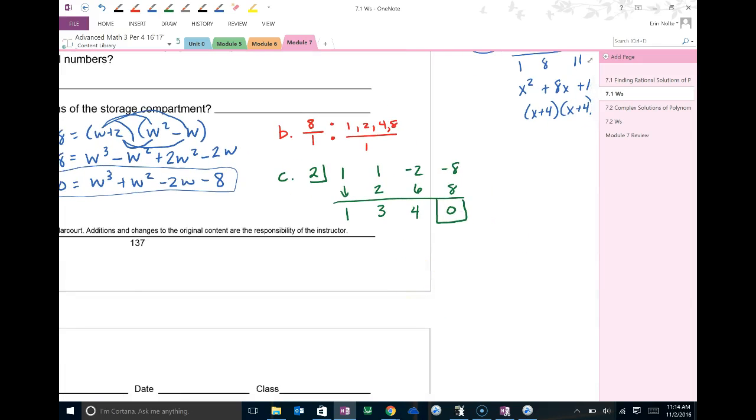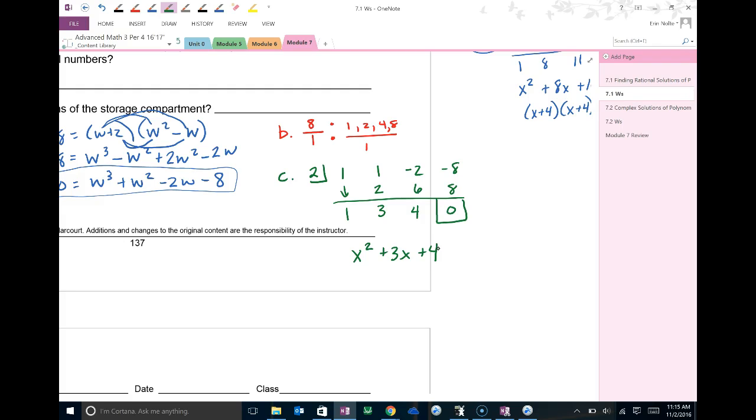So at this point, what is the quadratic that is left? x squared plus 3x plus 4. Okay, can I factor that using the easy method? Are there 2 numbers that multiply to 4 and add to 3?